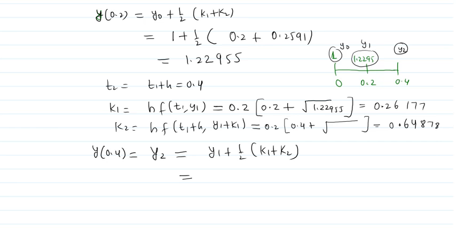So the approximate answer is 2.164538. So that is the solution of the given initial value problem at 0.4. Okay, so in the next lecture we will continue with third and fourth order methods.